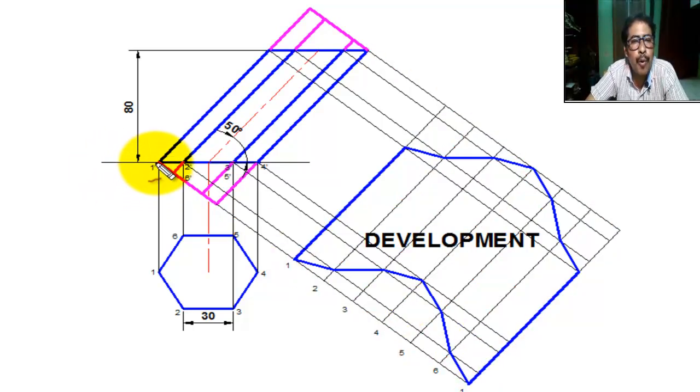Okay. Now from 1 point draw projection line. It cuts 1 number line at this point, and this is also 1 number line at this point. From 2 dash and 6 dash point draw projection line. It cuts 2 number line at this point and 6 number line at this point.